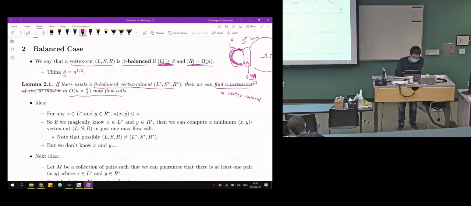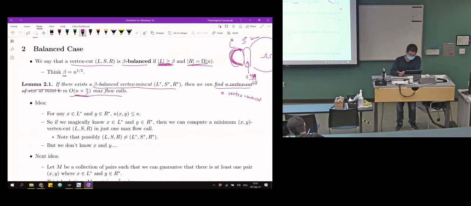So this is strictly less than n squared if beta is big. Okay, so that is the case that we are going to show. If there is a balanced cut, then you can solve it faster than n squared max flows.